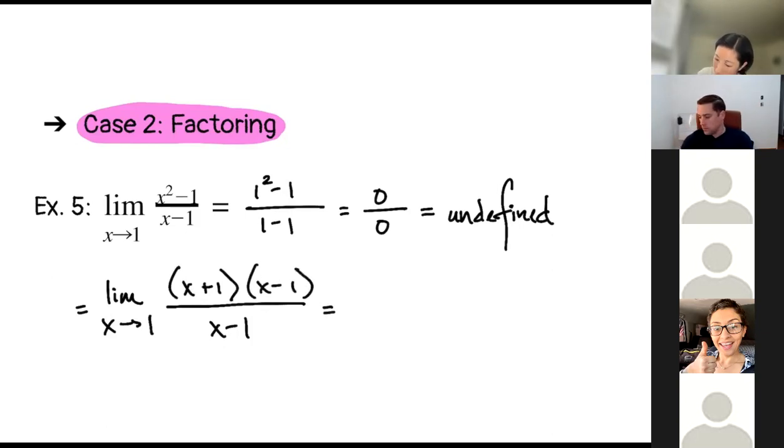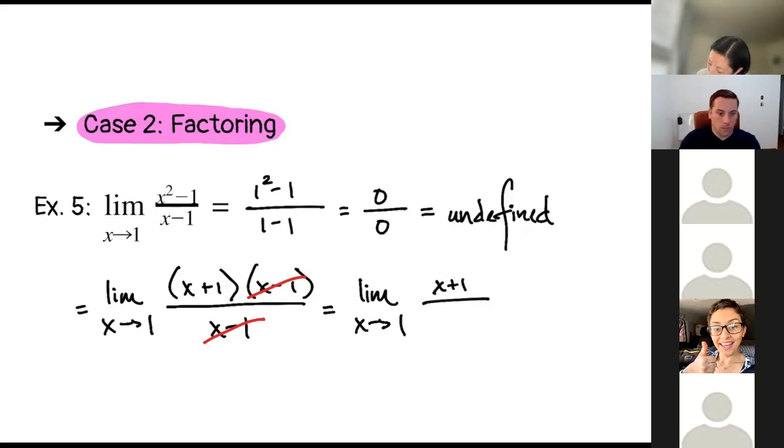And check this out. We have an x minus 1 on the top and an x minus 1 on the bottom. Now, once we've reduced, what do we have left? x plus 1 over 1. Good.